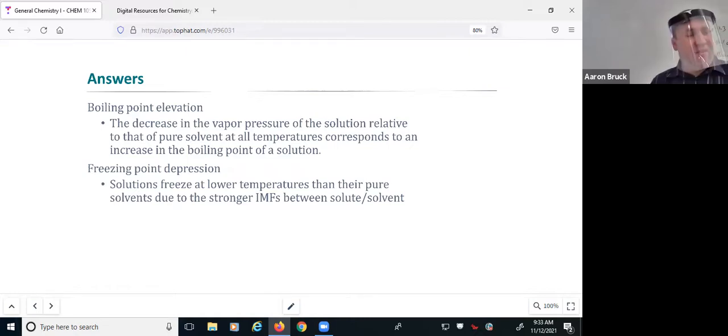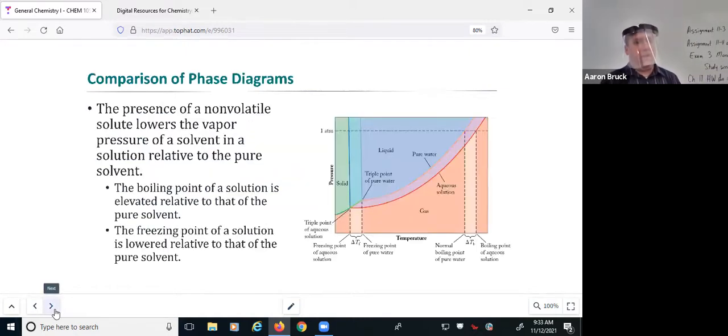And this manifests itself in the form of a phase diagram where we can see that if we look at our solution here, which is shown by the darker lines on the phase diagram, relative to the pure solvent, which is shown by these lighter lines, the liquid region of our phase diagram has expanded as a result of solution making.